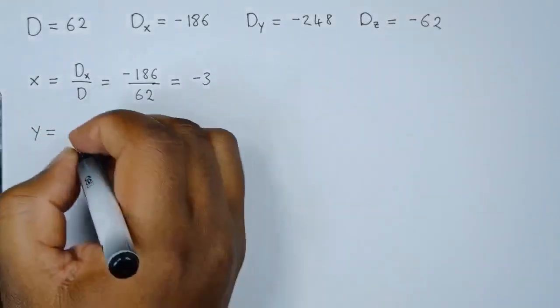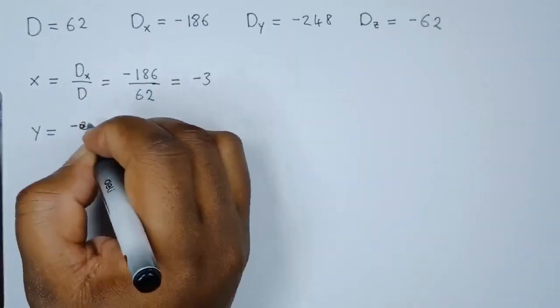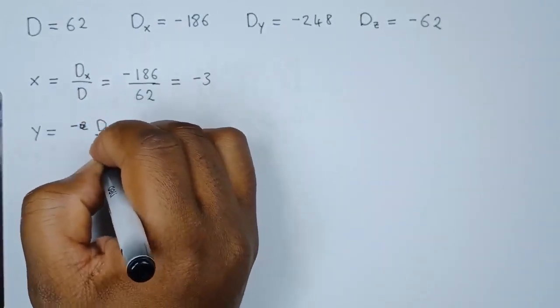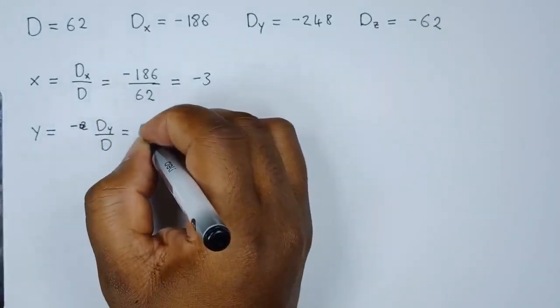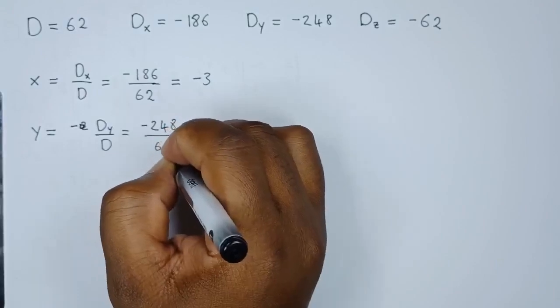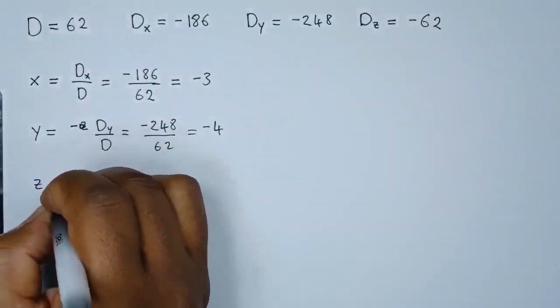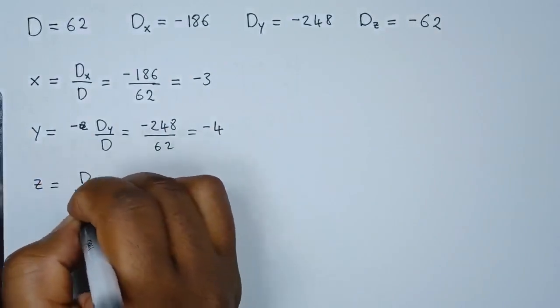y is equals to dy over d. So our dy is negative 248 over 62. So we get a negative 4. And z is dz over d.